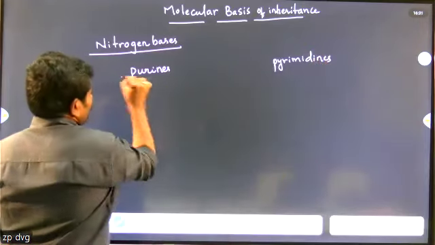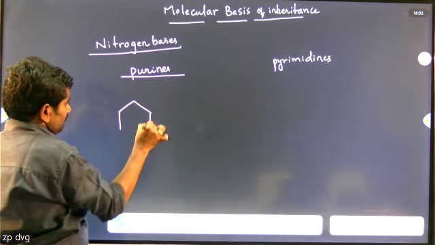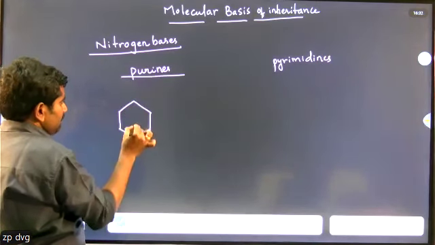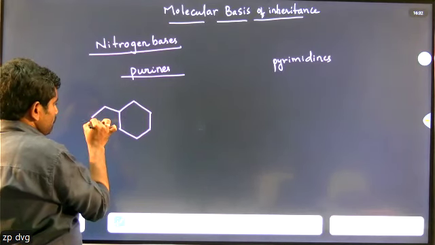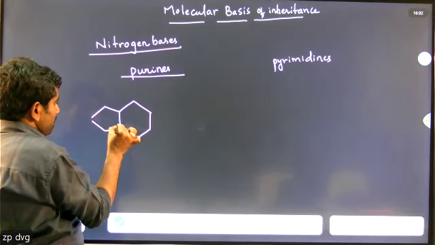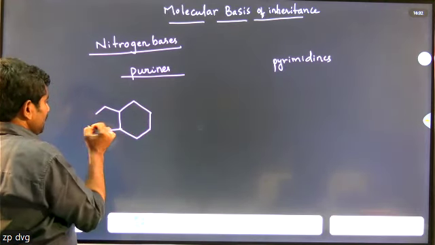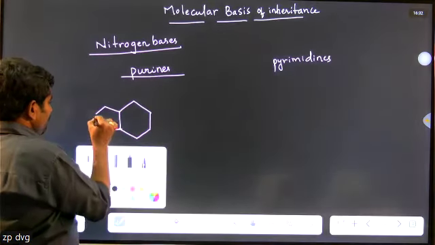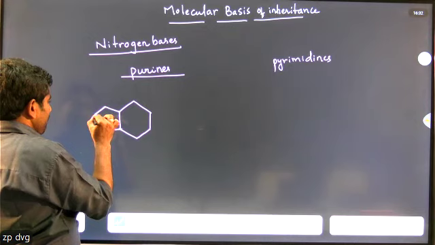So what are those purines? First, let's see adenine. Adenine is like this.